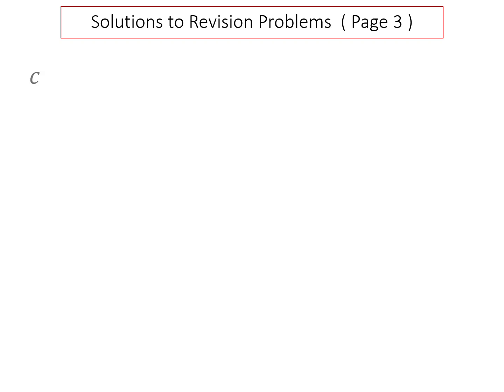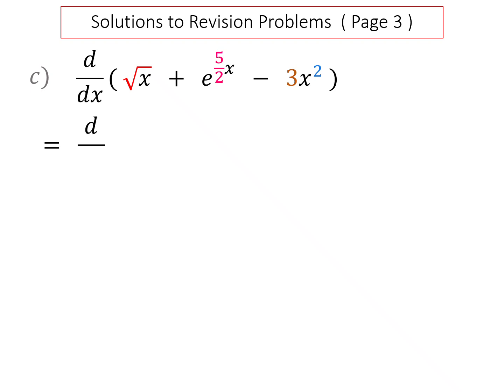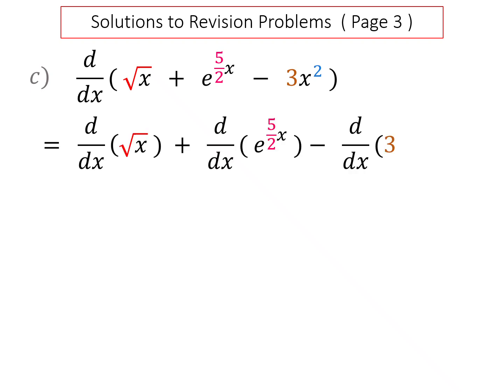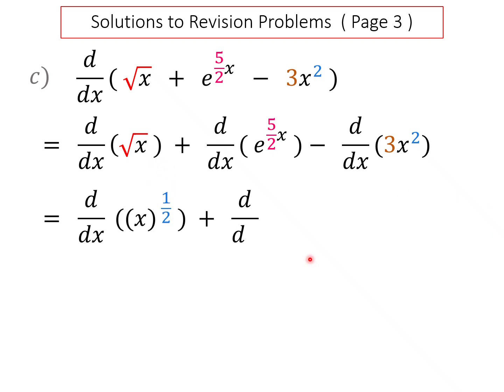Now the third sum. In this, we are using one new expression like root x, and the rest we have already previously discussed. So root x is new in this sum. First root x is to be converted into index form. So it becomes x to the power half.